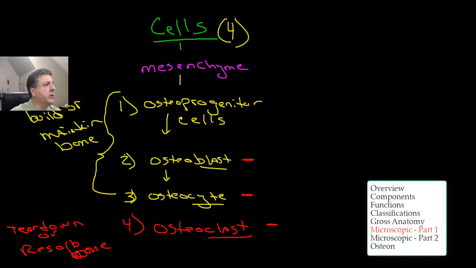Before we jump ahead, the osteoblast produces or manufactures the matrix, and we'll get into that a little bit more. For right now, let me pause this. We'll get this set up and talk about the next step. Okay, so let's look at the osteoblast first. So here we're going to have osteoblast.